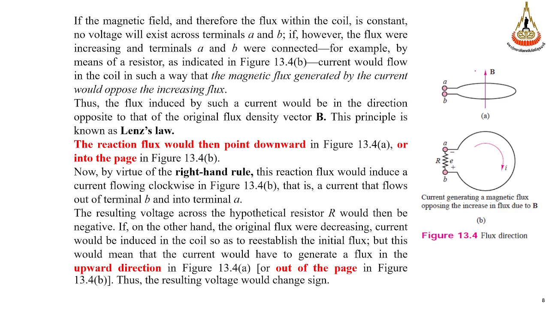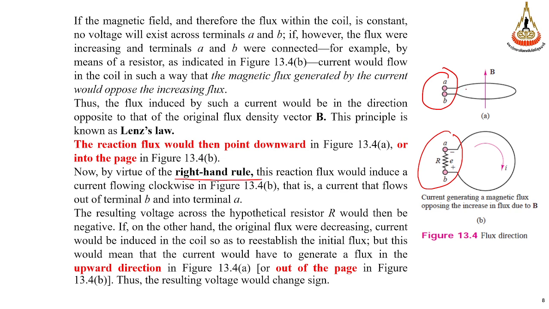So if we move the magnetic field, we get the voltage here. And if this is a closed circuit, the current will be there. We get the current there. Under the right hand rule here.